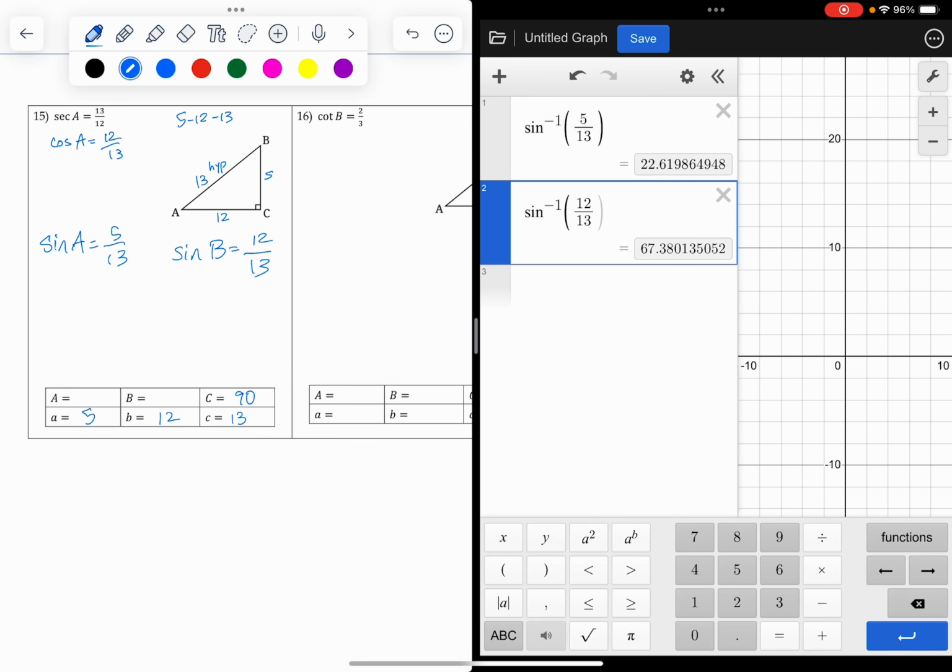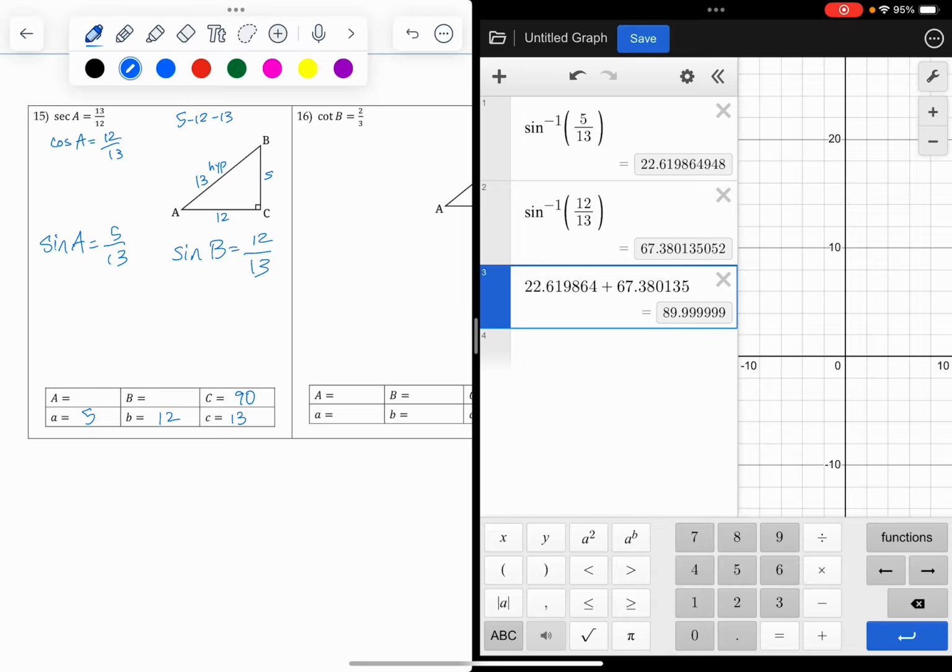And you know one way we can check to make sure that we did this right? If I take these two and add them together, 22.619864, that's a whole lot of decimals, plus 67.380135. Well, I've rounded, and so if I do 22.620 plus 67.380, look at that, now we're getting to 90.